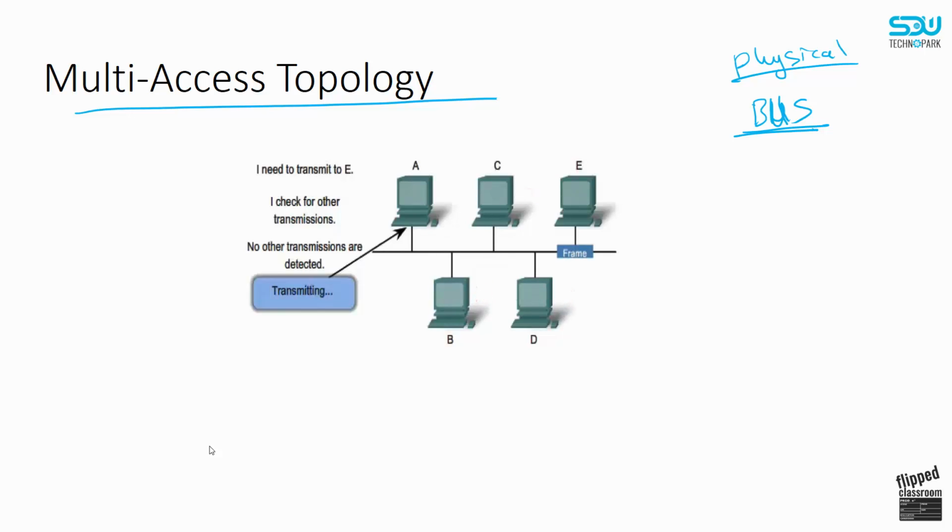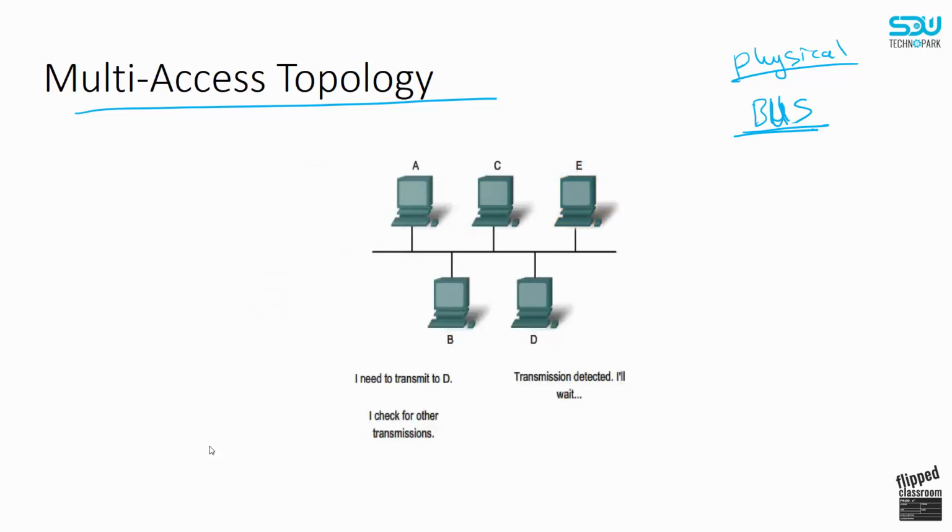All of the devices receive this frame, but only the destination computer makes a reply. Computer B at the same time wants to send information and senses that some communication is happening, and after this communication finishes, computer B will send its own information.